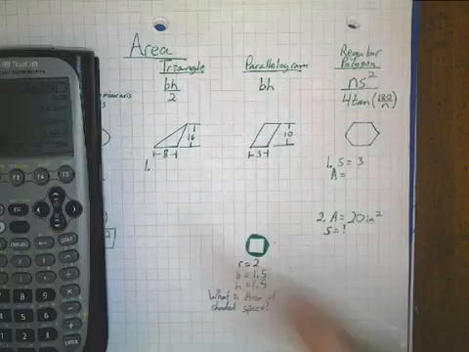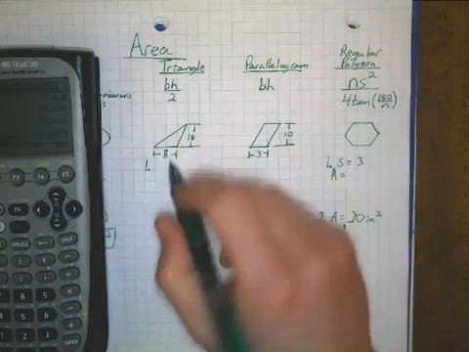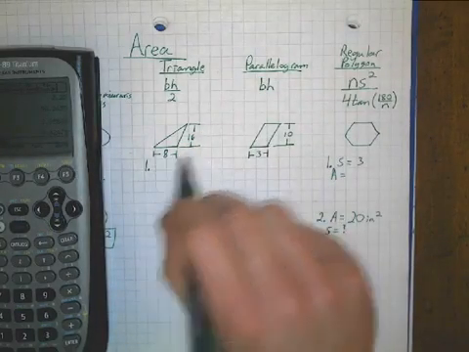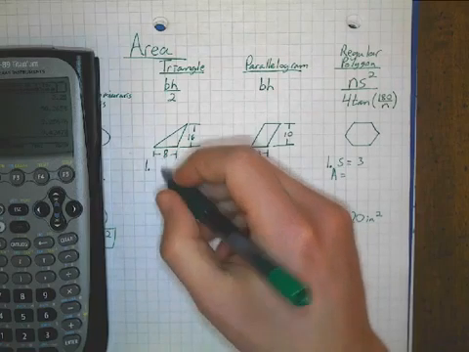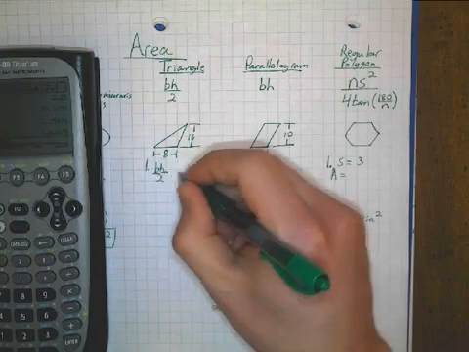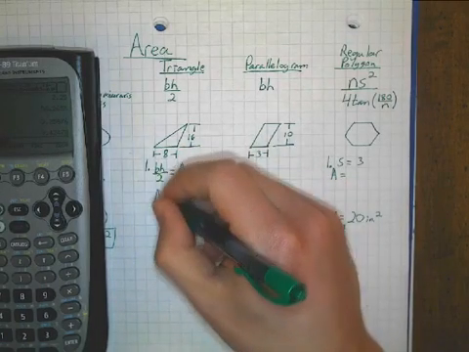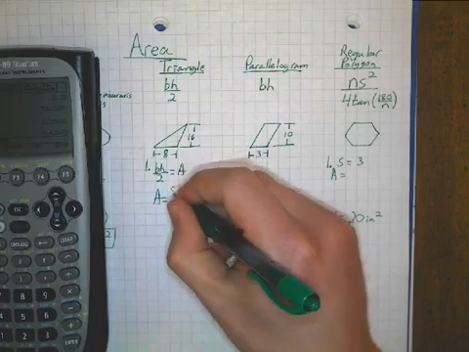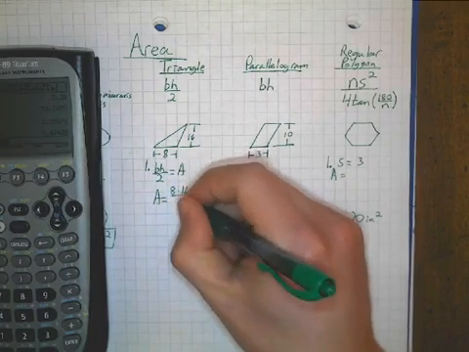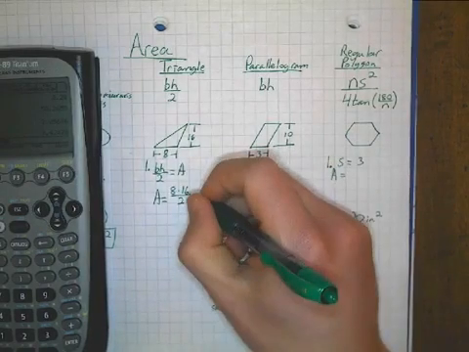Okay, triangle. Triangle's pretty straightforward. I've got a triangle with a base of 8 and a height of 16, so let's just do my problem. So BH over 2 is equal to my area. So area equals 8 times 16 divided by 2, or 1/2 times 8 times 16, however you want to say it.